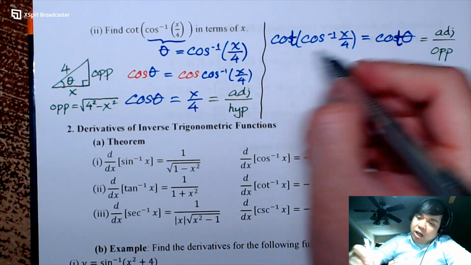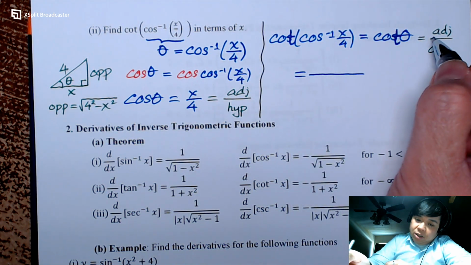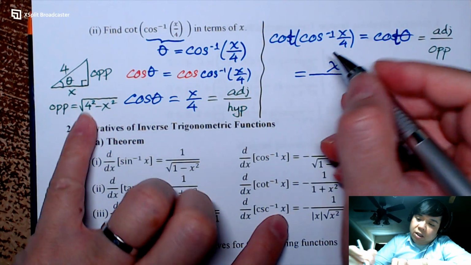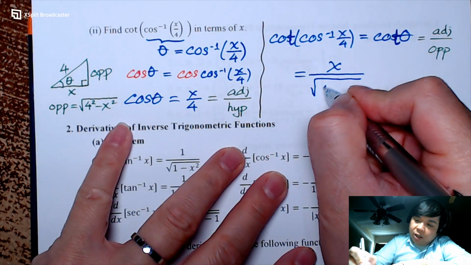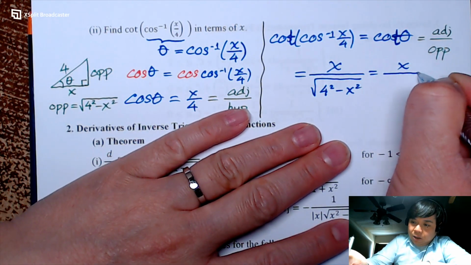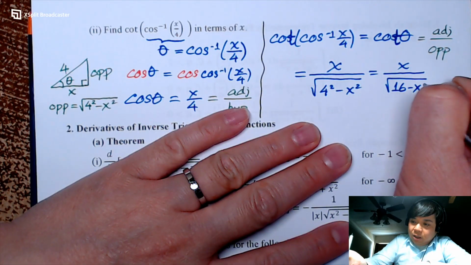So with that, cotangent of cosine inverse of x over 4 equals adjacent x over opposite square root of 4 square minus x square, which is the square root of 16 minus x square.